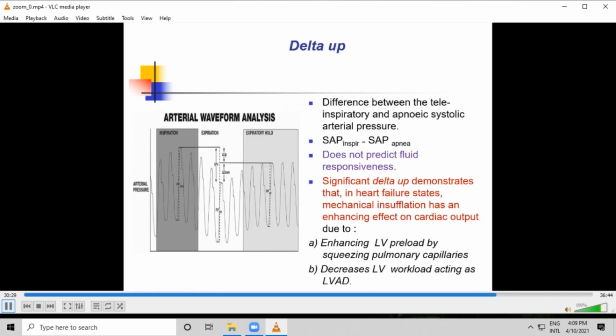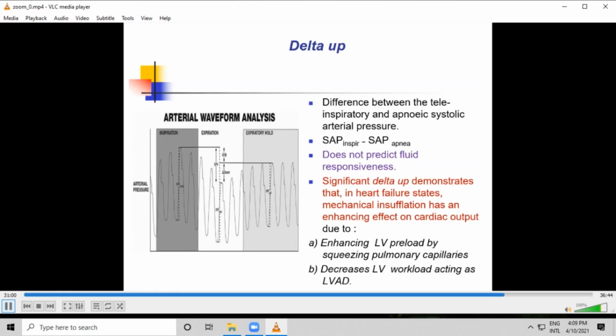This is what I wanted to say. And delta up signifies that if there is a significant delta up observed in any patient on advanced hemodynamic monitoring, we can conclude that mechanical insufflation can have an enhancing effect on the cardiac output of this particular failing heart. So we will not guide ourselves with delta up with regard to fluid responsiveness.